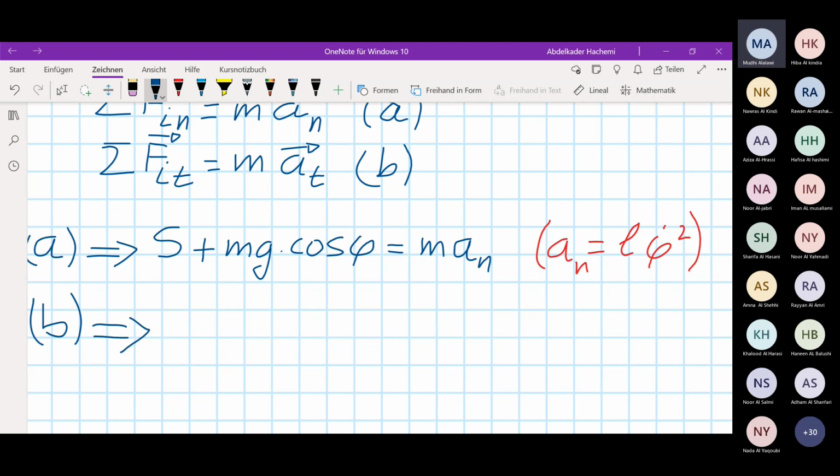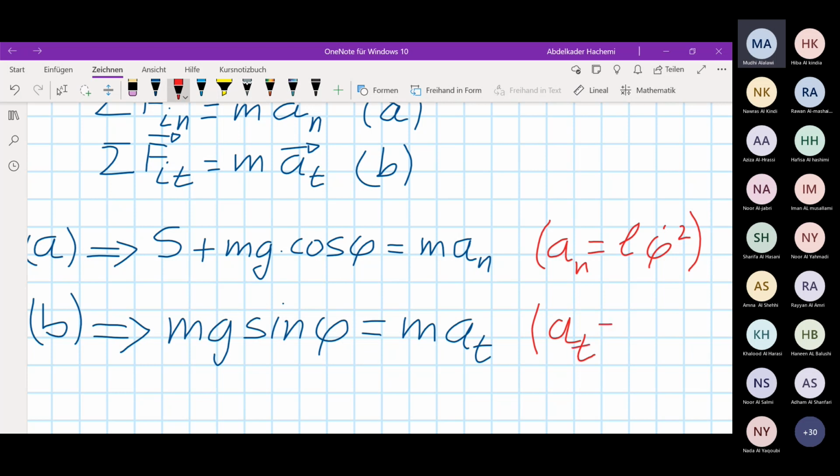If we look at the external forces, we have only m g sine phi, and this is equal to m times the acceleration in tangential direction.